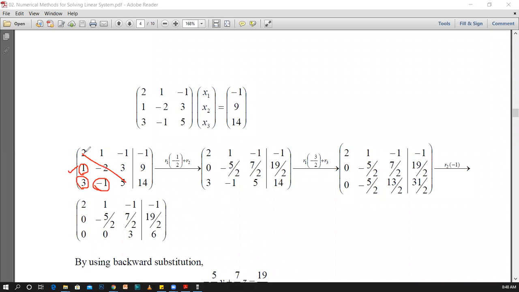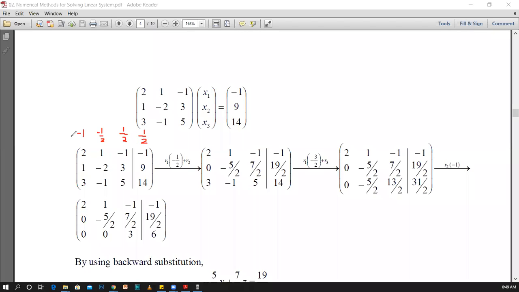If you multiply row number 1 with minus half and add it to row number 2, you can easily convert this value into 0. Once you multiply row number 1 with minus half, you will get minus 1 here. 1 into minus half is again minus half, then minus 1 into minus half is plus half, and minus 1 into minus half is again plus half.